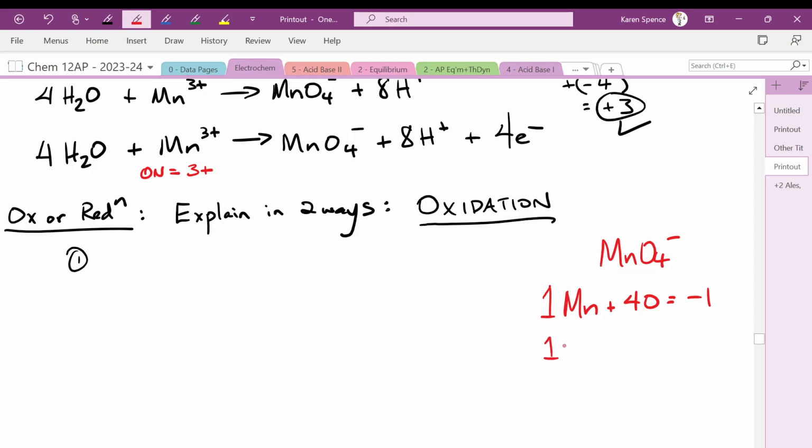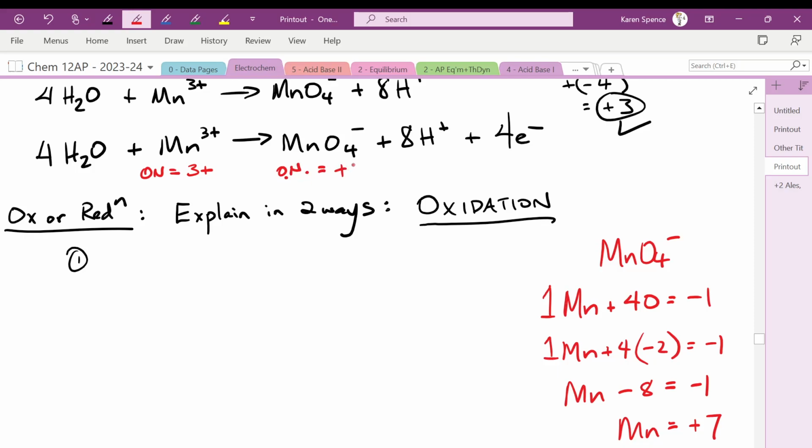So we're looking for our 1 Mn. We know that the oxidation number of oxygen is -2. So Mn minus 8 equals -1. So Mn has an oxidation number of +7. Like I said, if you can do that in your head, more power to you, but sometimes it's nice to write it out so you don't make silly mistakes.